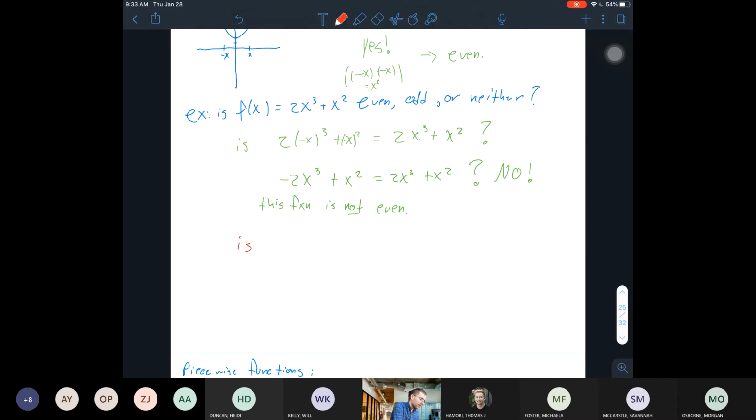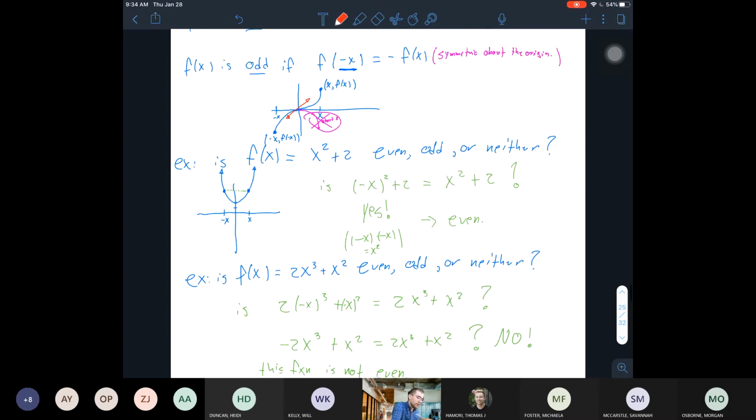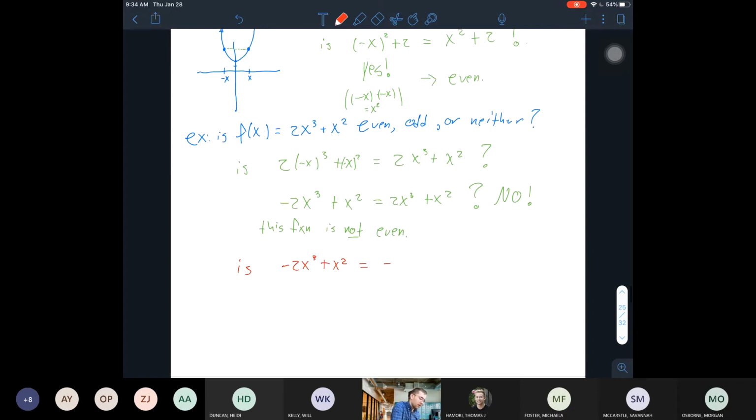We also want to check is negative 2x cubed plus x squared equal to, remember our definition for odd said negative f of x. Well, we know what f of x is. It's going to be 2x cubed plus x squared.